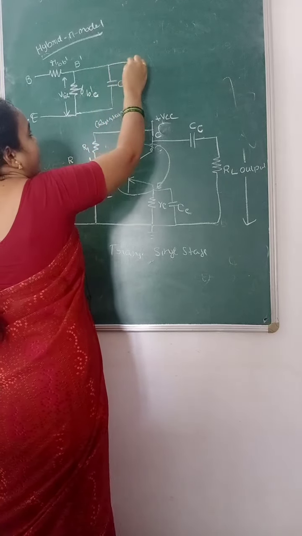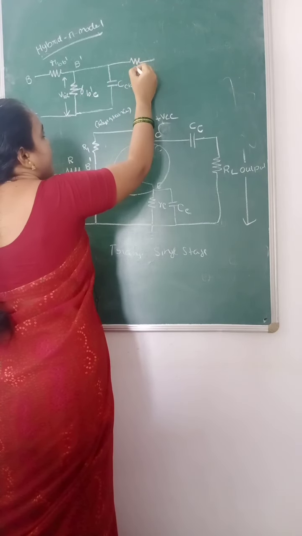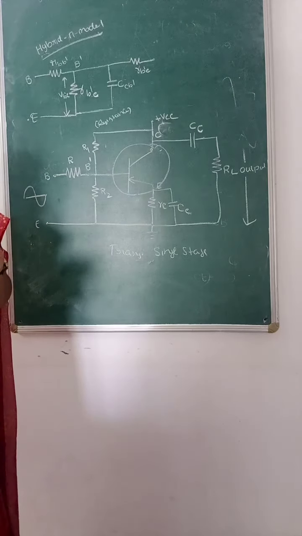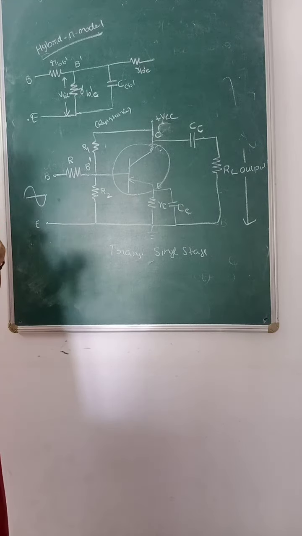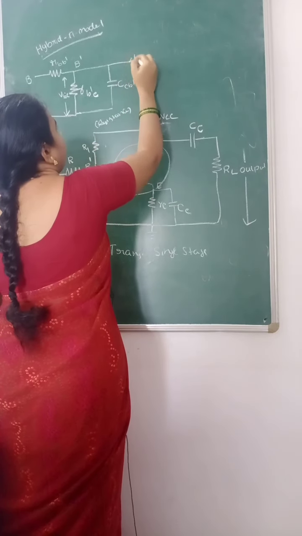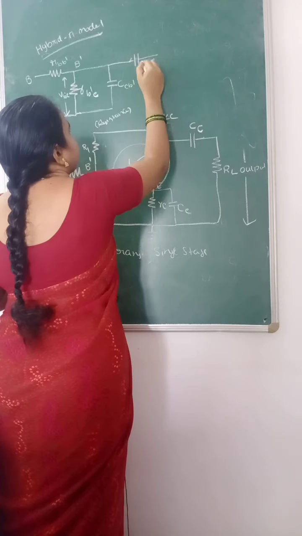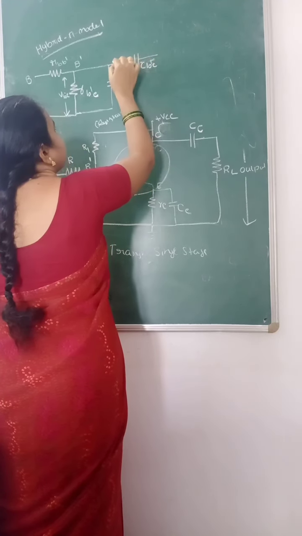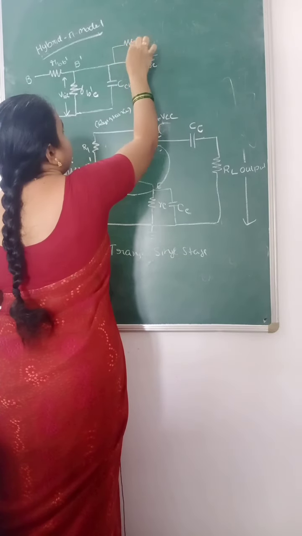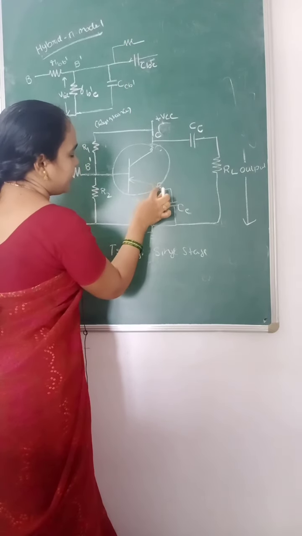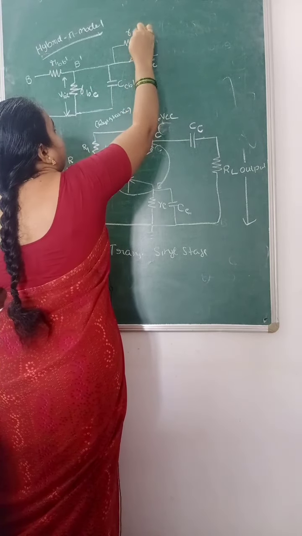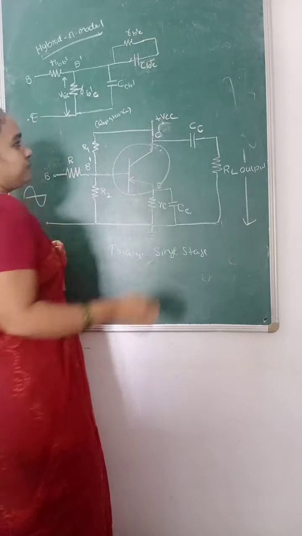So here we have the resistance RB dash E. This is the resistance offered by the emitter circuit, or we can also replace it with a capacitance called CB dash E, in parallel with a resistance between the terminals emitter and base. This is RB dash E.